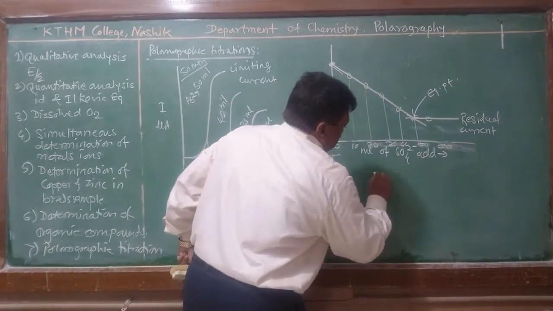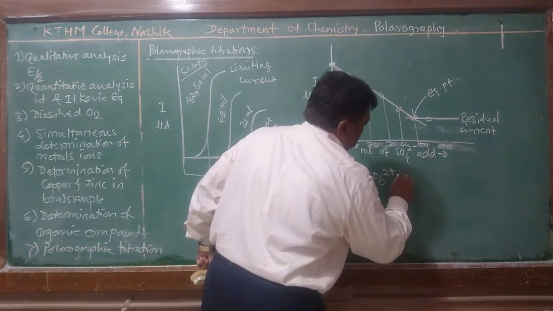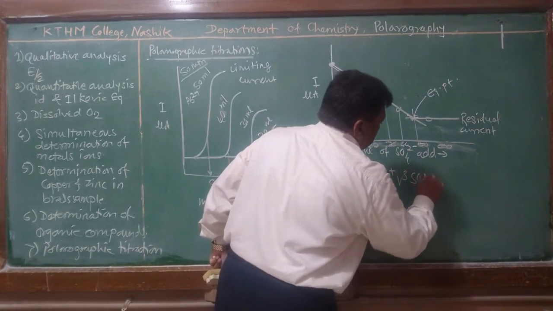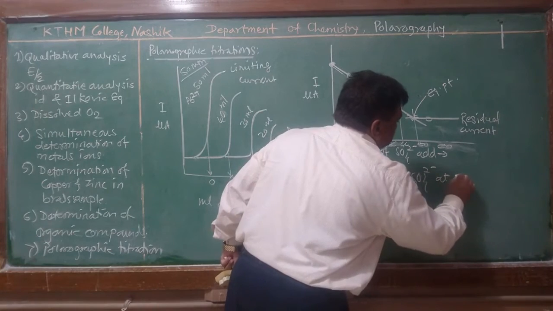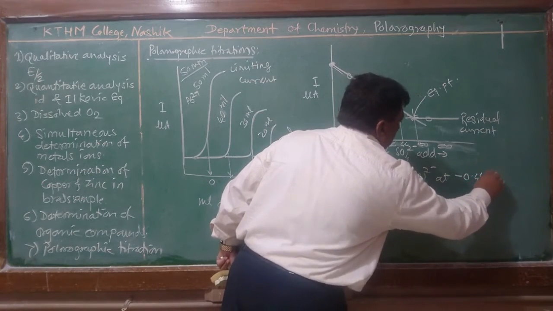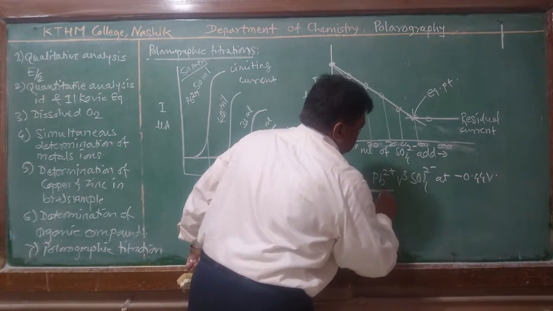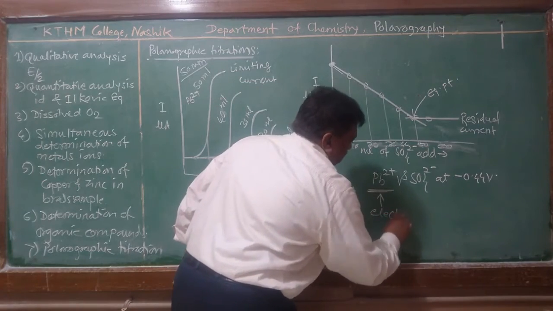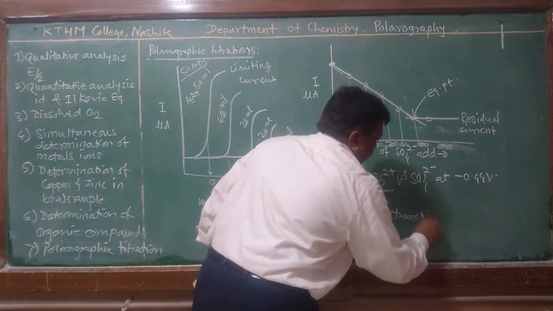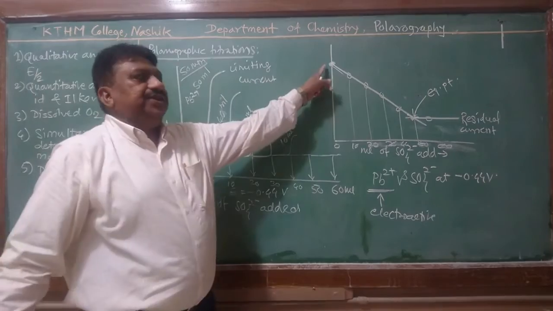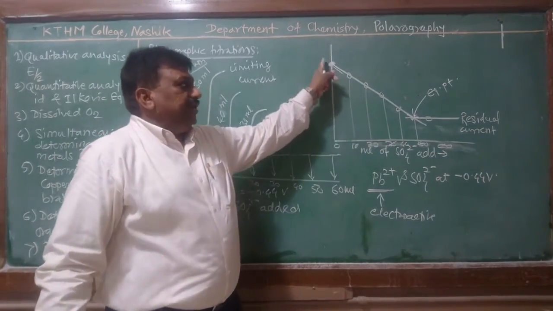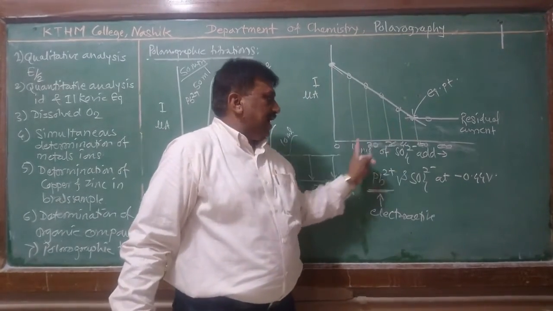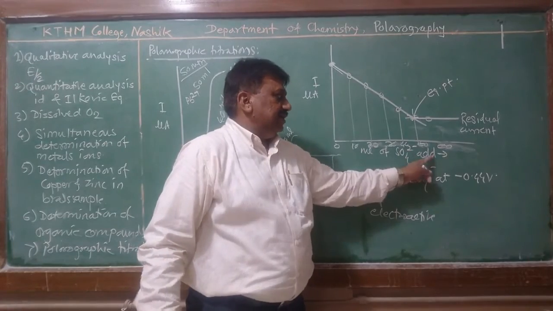Here we can determine Pb2+ with sulfate ion at minus 0.44 volt, where Pb is electroactive. This is a titration curve in which diffusion current decreases as ml of titrant added increases.